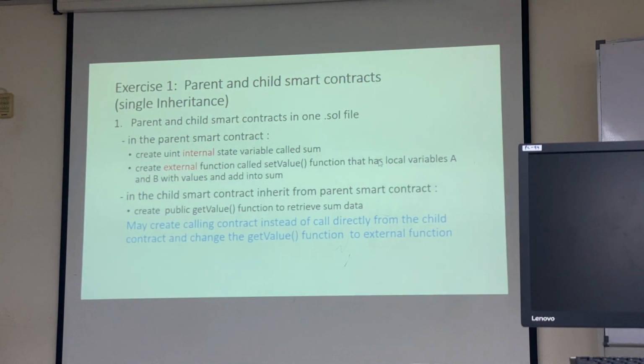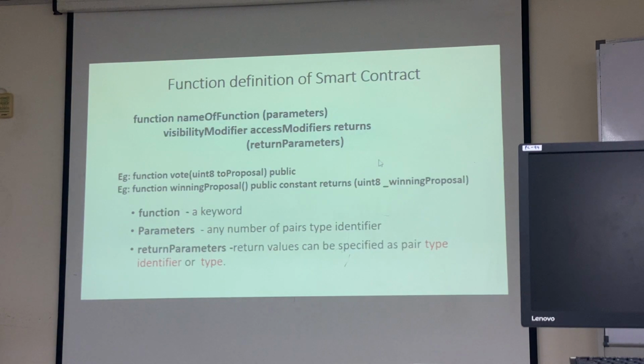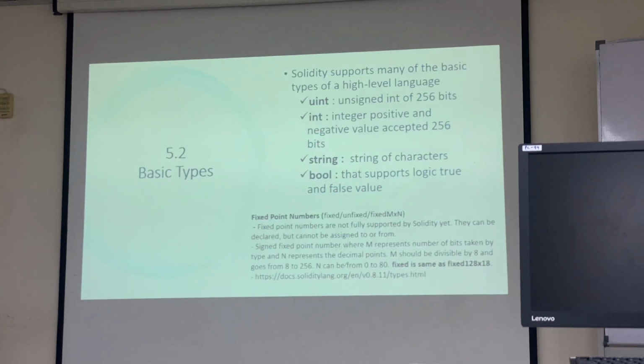So last week we learned about parent and child, the inheritance contract, and how we refer to that. And then I also mentioned the booleans, the basic data types. These are all basic data types, and definitely you can go and specify a more specific size of the data type that you want.